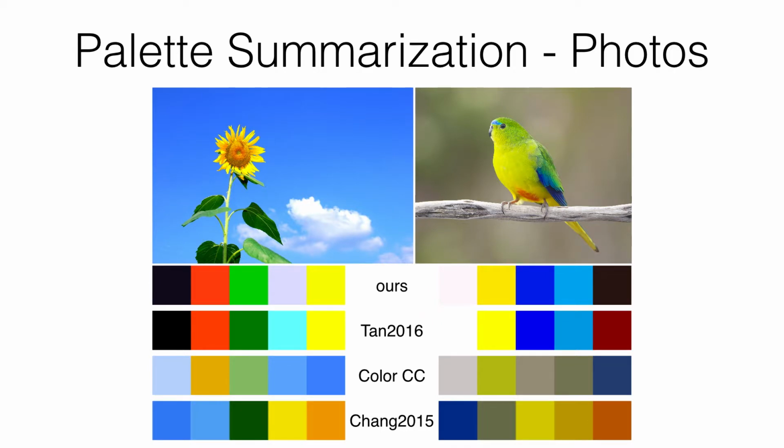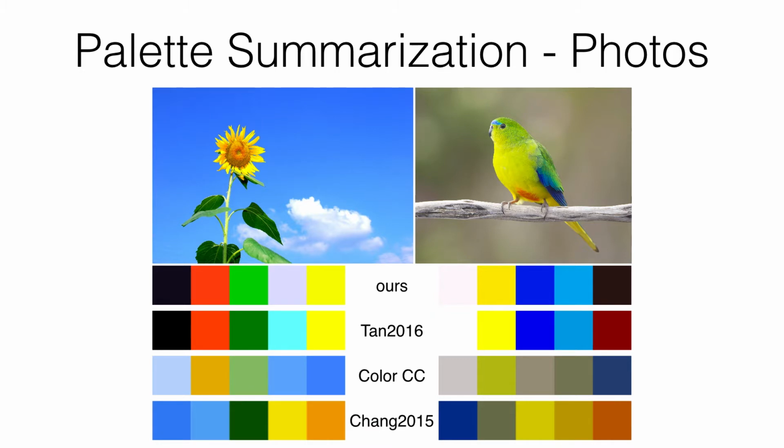The first stage of our algorithm can also be seen as yet another method for extracting a small palette from an arbitrary image, not necessarily of physical paintings. Here is palette summarization applied to photos as compared to Tan 2016, Adobe Color, and Chang 2015.